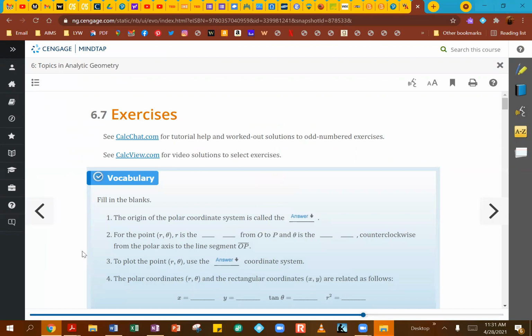So let's take a look at our first example. What did I have? Number 8.